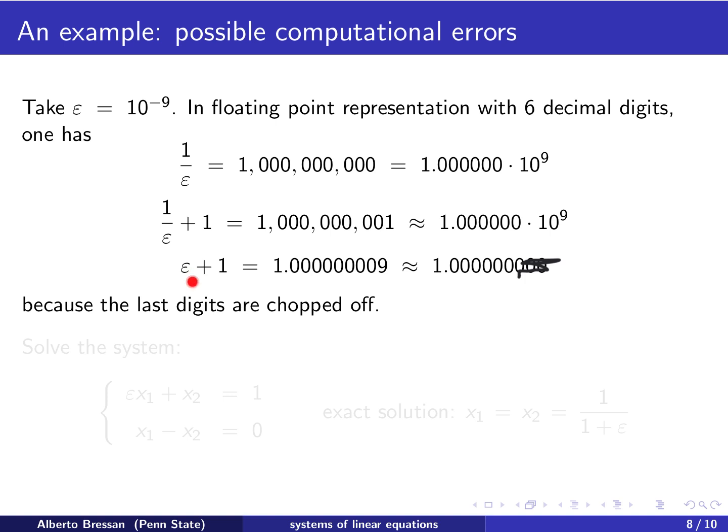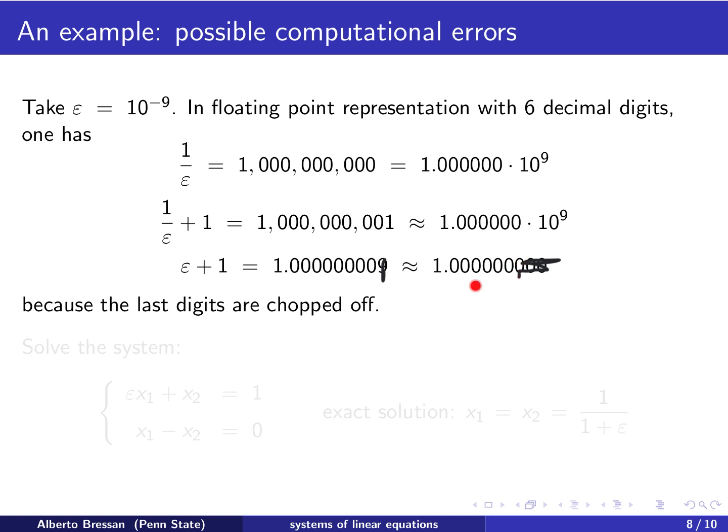Okay, and let's also look at epsilon plus 1. Well, that will be 1.000000001. Then you give this number to the computer, and it can only keep 6 decimal digits.